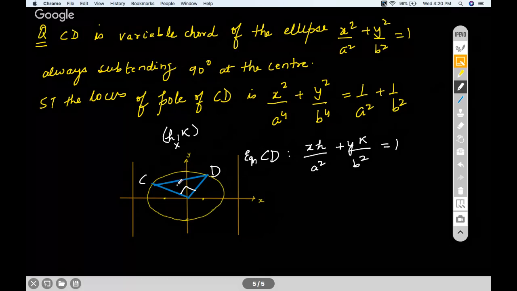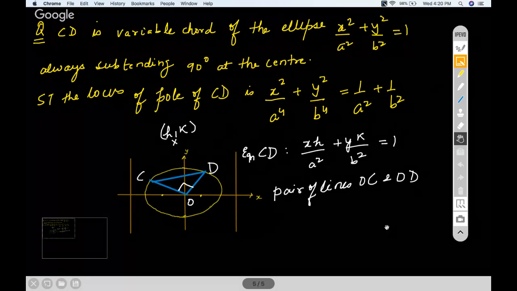Now, if I have to find out the combined equation of OC and OD, that means the equation of the pair of lines OC and OD, how will I find that out?